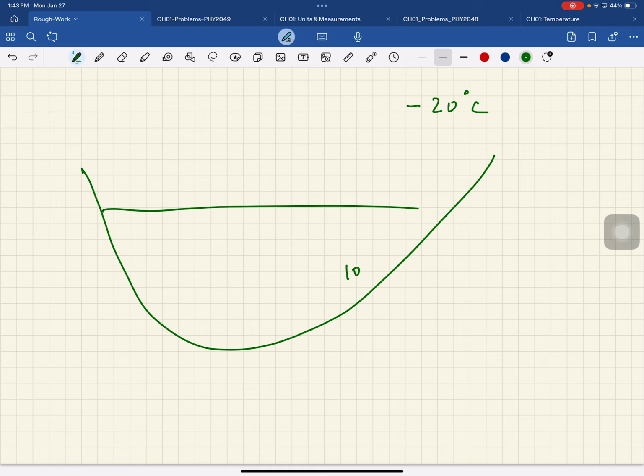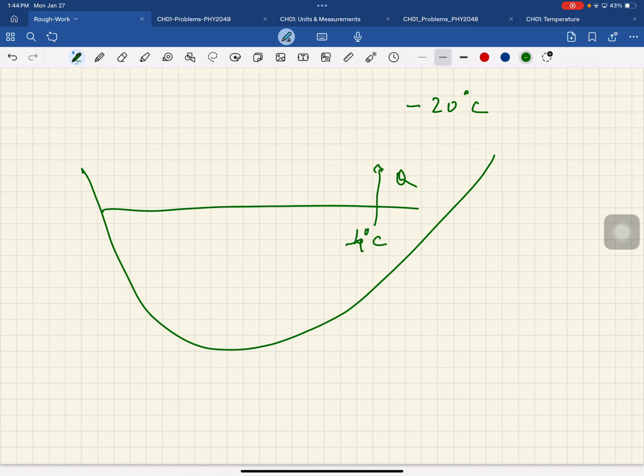Now your lake that was at 10 degrees Celsius, what happens? Heat starts flowing that way, and let's say we're going to fast forward all of this stuff. We're going to freeze it in 30 seconds. So the lake has become 4 degrees Celsius now. Heat is still flowing because this temperature is still higher.